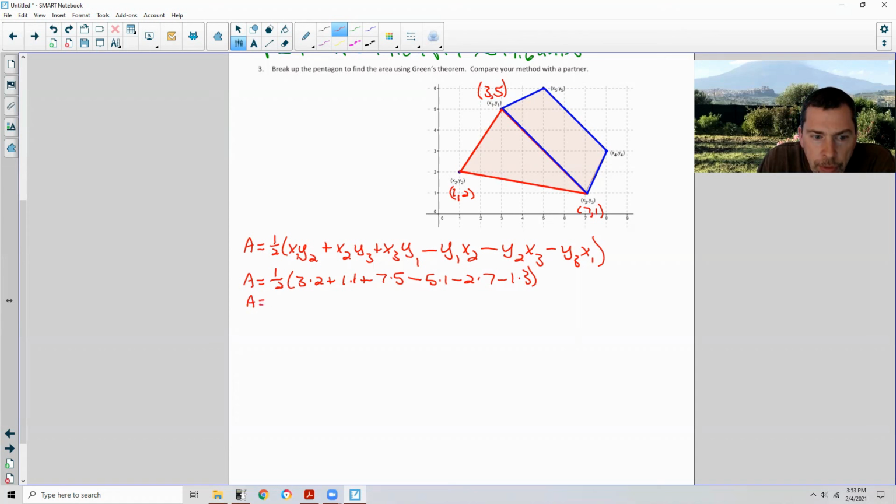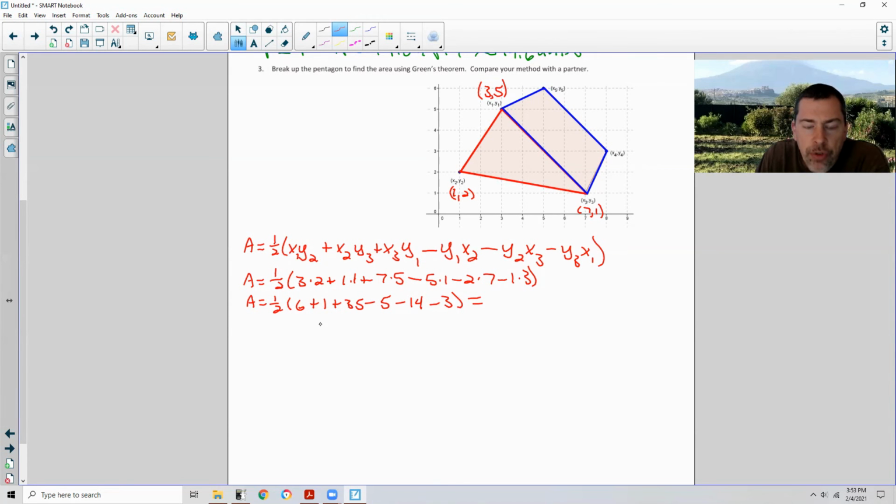So then A is going to equal 1/2 (6 plus 1 plus 35 minus 5 minus 14 minus 3). And that's going to be 6, 7, 42, 37, 47, 51.